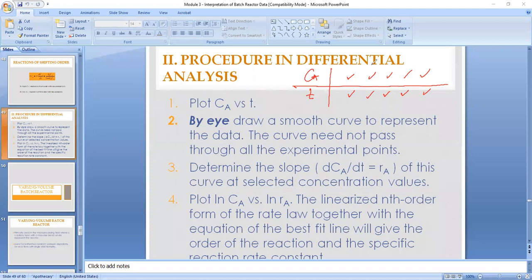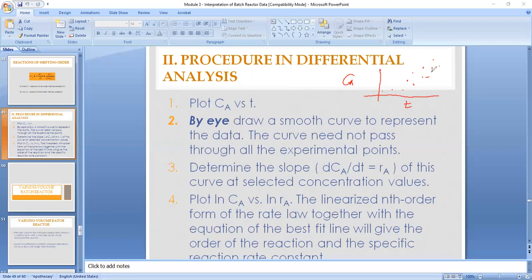When you plot, you have here the t, and you have here the C sub A. So you plot your data like that. Of course, your data will be scattered.